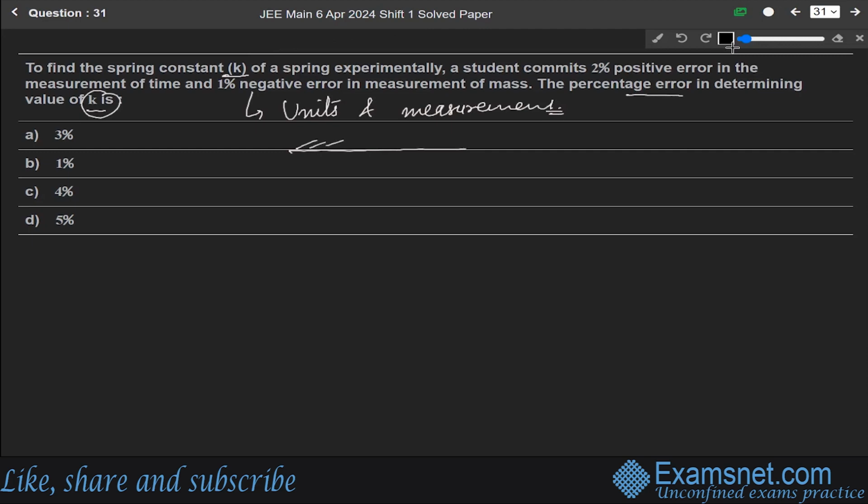Since we know that for a simple harmonic motion type question, for example a pendulum, its length is L and it is doing to and fro motion.